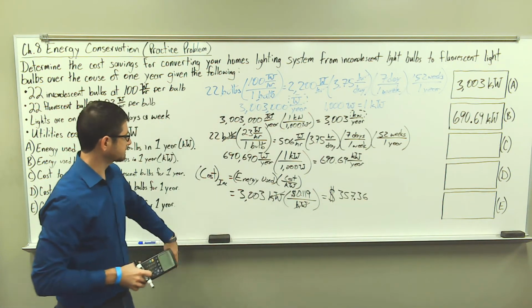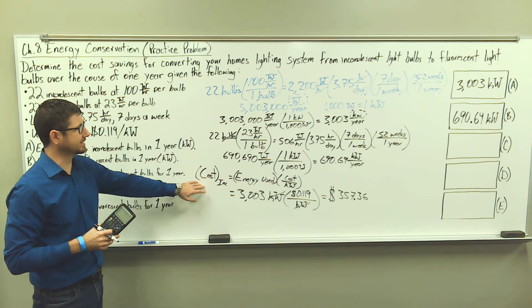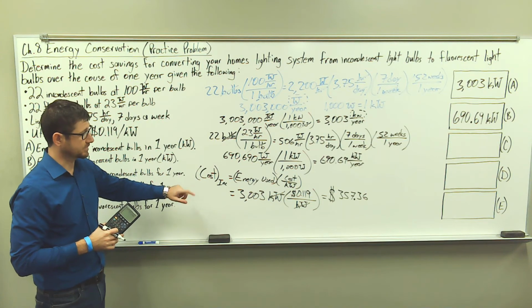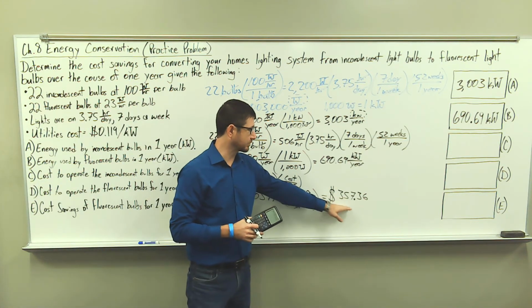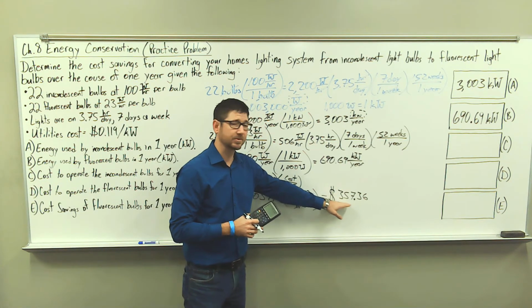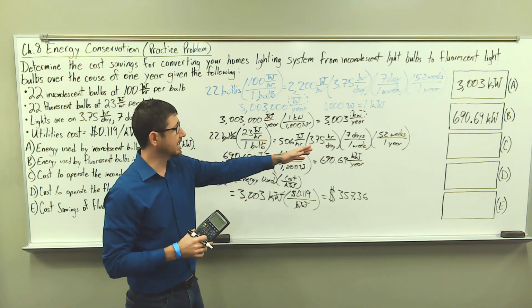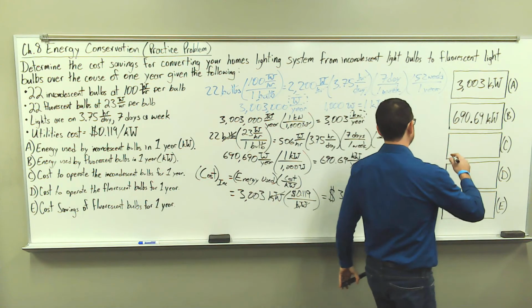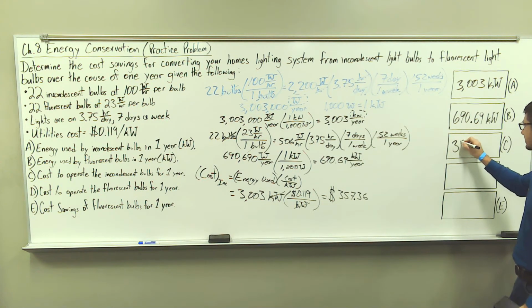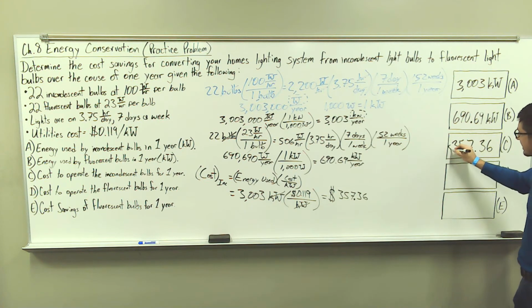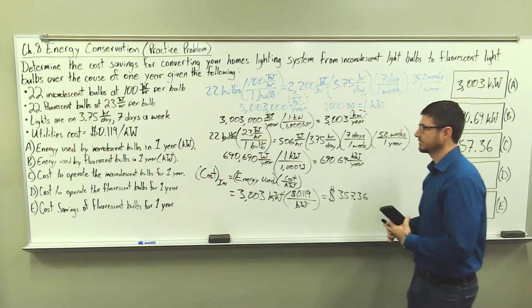Okay, so the cost to operate these 22 incandescent light bulbs in the house for 1 year is $357.36. So this is the answer to part C. Let's go ahead and write the answer here. And let's include our dollar sign.